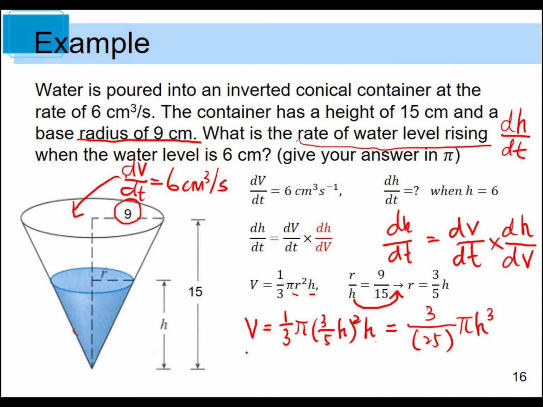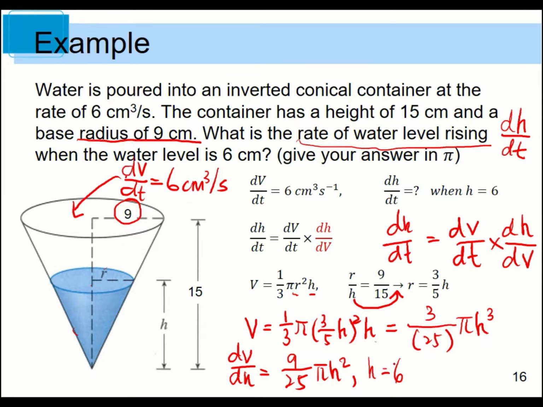So we can differentiate from here, dV/dh, which gives us 3 brought down, multiplied by 3 is 9, over 25 π h squared. Now also the question mentioned that the water level is 6 cm. So now we know h is 6 cm, and we are going to substitute h equals 6 cm here.